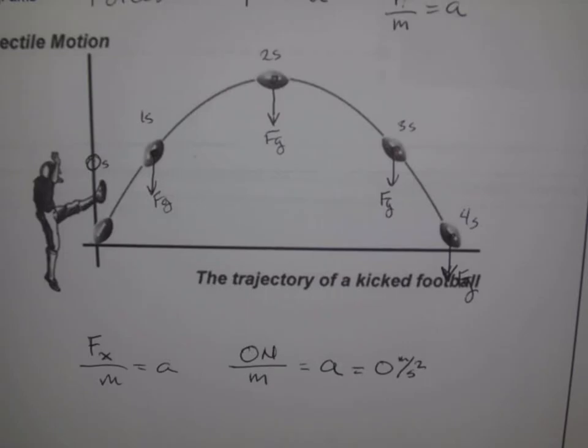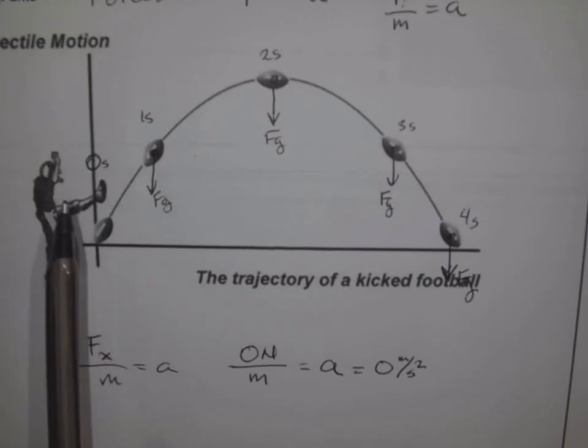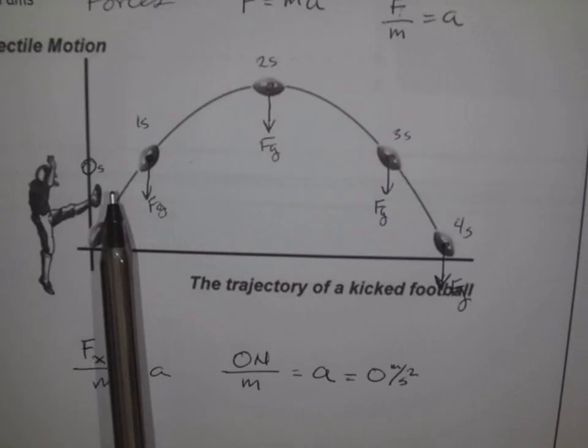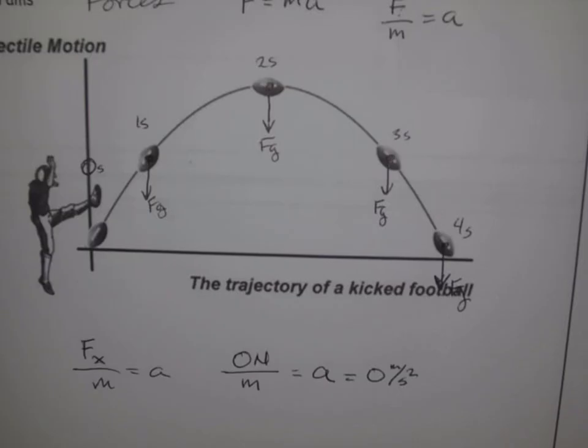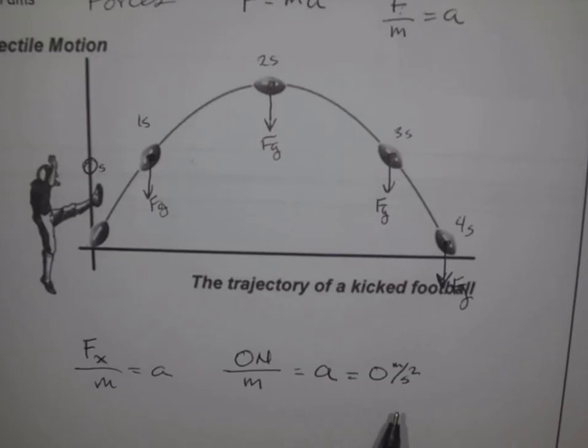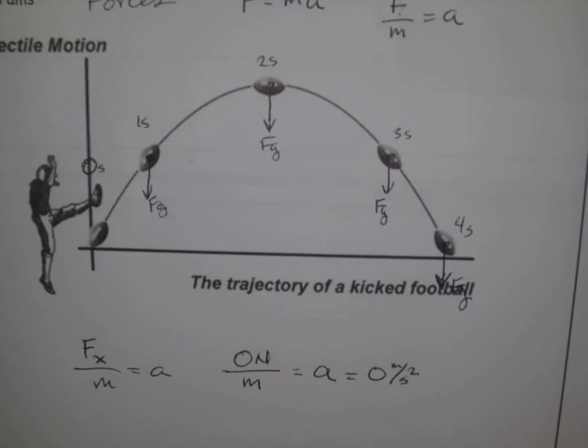When the acceleration is 0, it's one of two things: either we are not moving in the x direction, which is not true, because it's certainly traveling in the x direction as well as the y direction, or it's moving at a constant velocity.